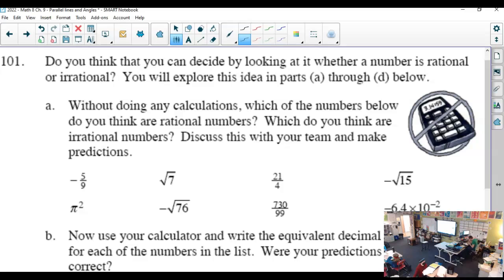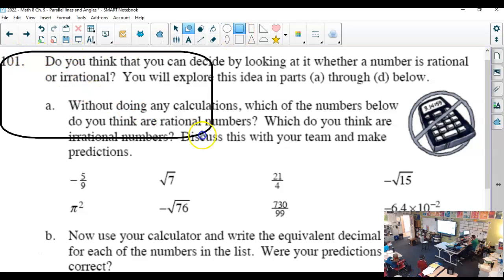Fractions are always rational. Square root of 4 is not rational. All fractions are not rational. Patrick, no calculator. Oh, no calculators. Yeah, no calculator.